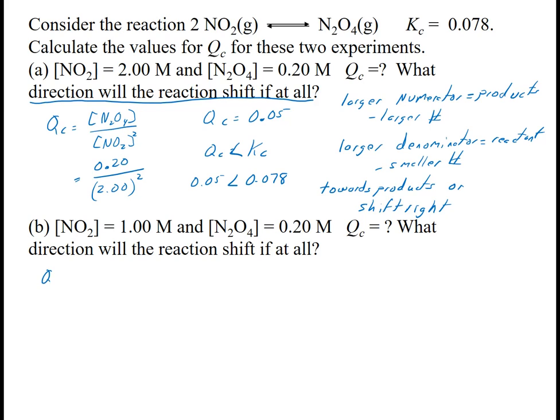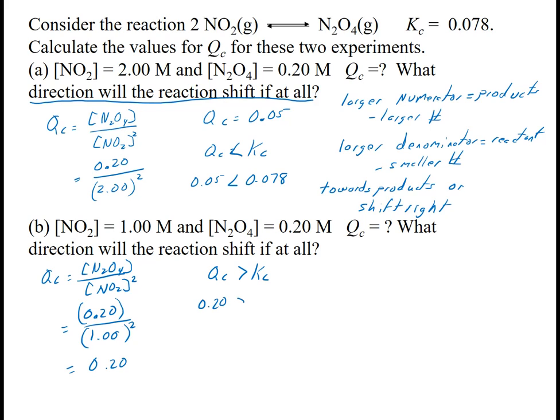QC is going to be the same equation because it's the same reaction. It's the concentration of N2O4 over the concentration of NO2 squared. So it's going to be 0.20 over 1.00 squared. That means it's going to be 0.2, because I'm basically taking 0.2 divided by 1. So in this case, QC is greater than KC because 0.20 is greater than 0.078.